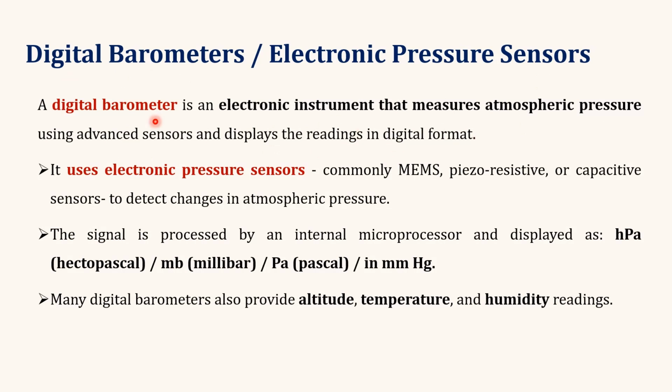These digital barometers use electronic pressure sensors, commonly MEMS, piezoresistive or capacitive sensors, to detect the changes in atmospheric pressure, and the signal is processed by an internal microprocessor and displayed as hectopascal, millibar, pascal, or in mmHg. Many digital barometers also provide altitude, temperature, and humidity readings.